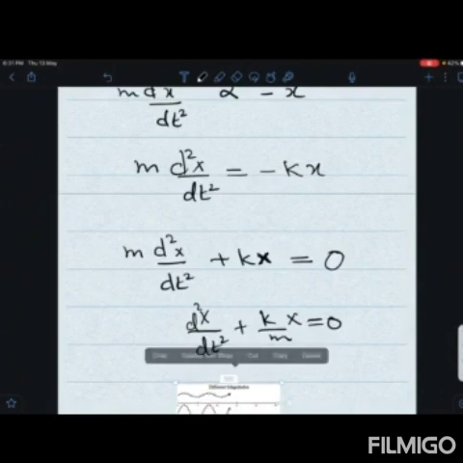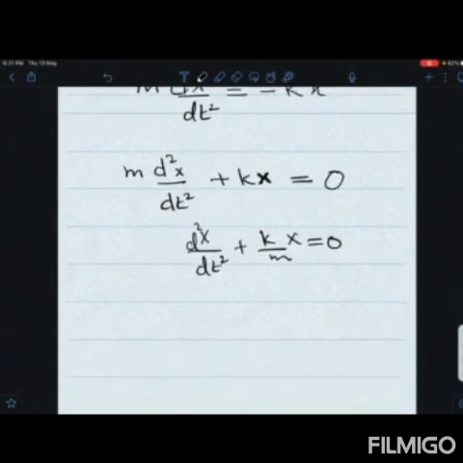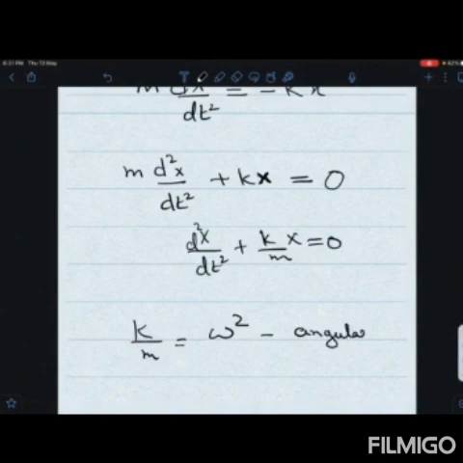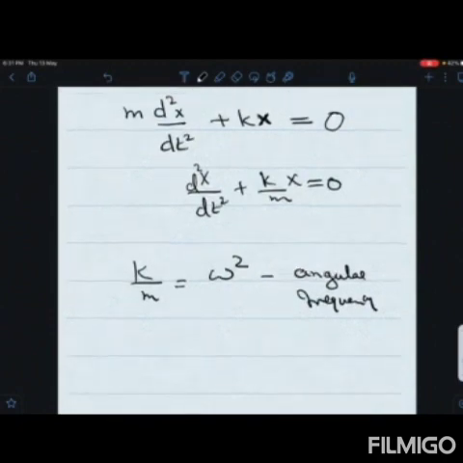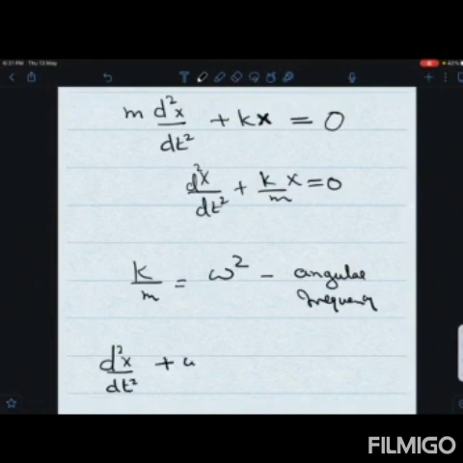Now substituting k by m as equal to omega square, we take omega as the angular frequency. We can write the above equation as d square x by dt square plus omega square x is equal to 0.